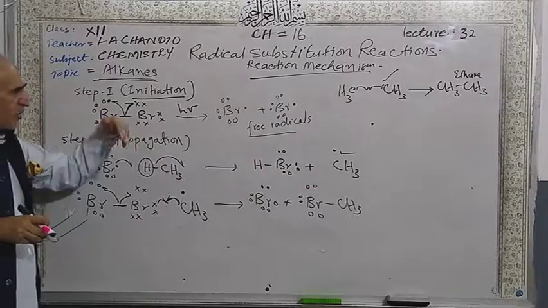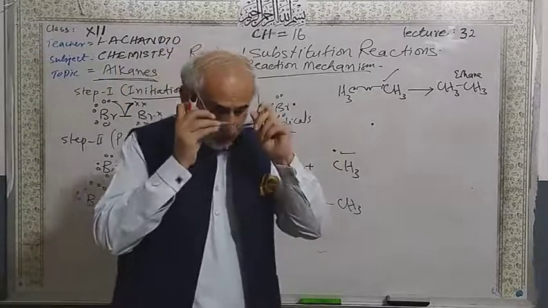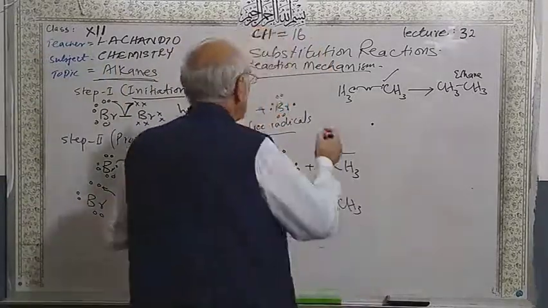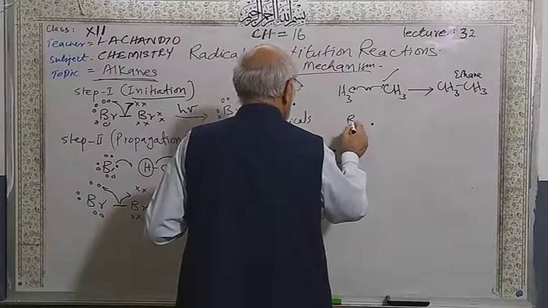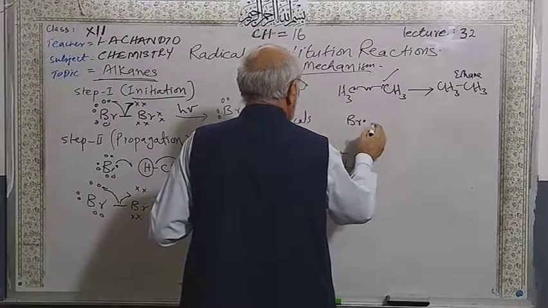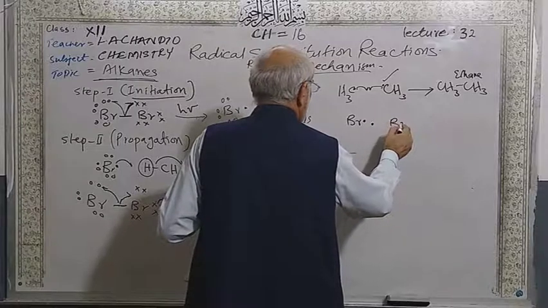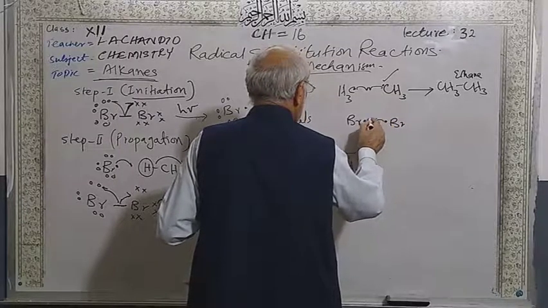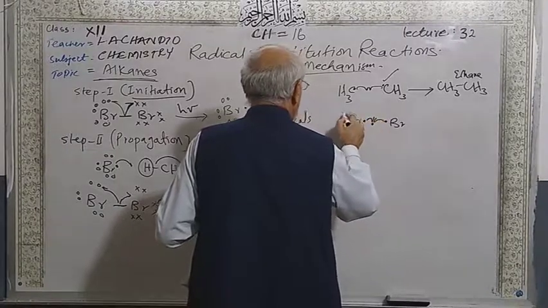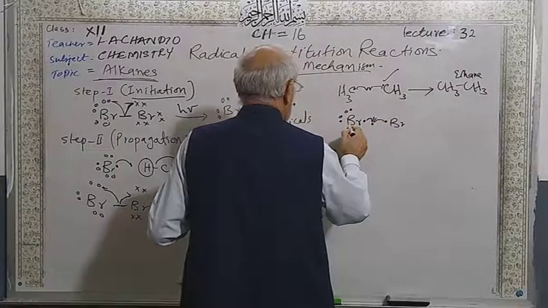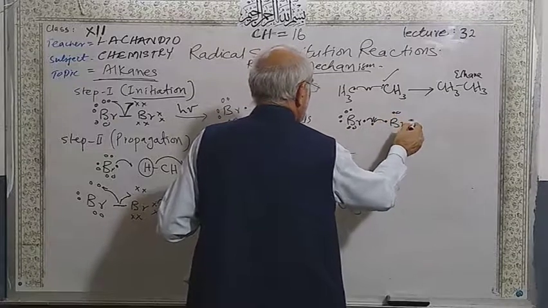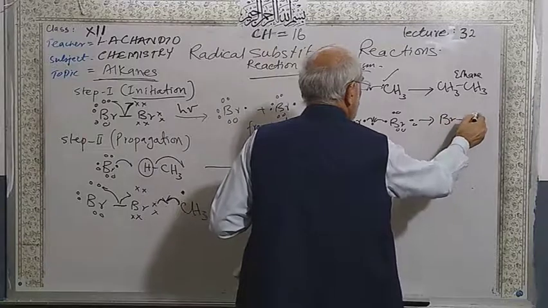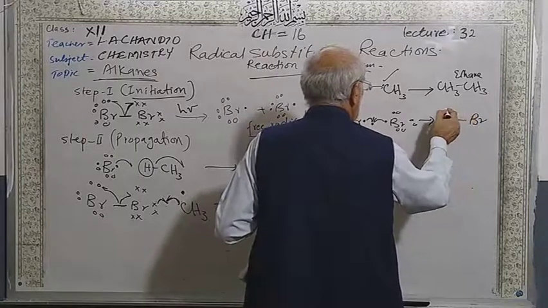Now, if we are reversing this, listen, this is the homolytic cleavage of the bromine atoms. Now this is a reverse process. Listen again, this is a bromine and this is a free radical, and this is a bromine and this is a free radical, like this one, to give a bromine molecule.